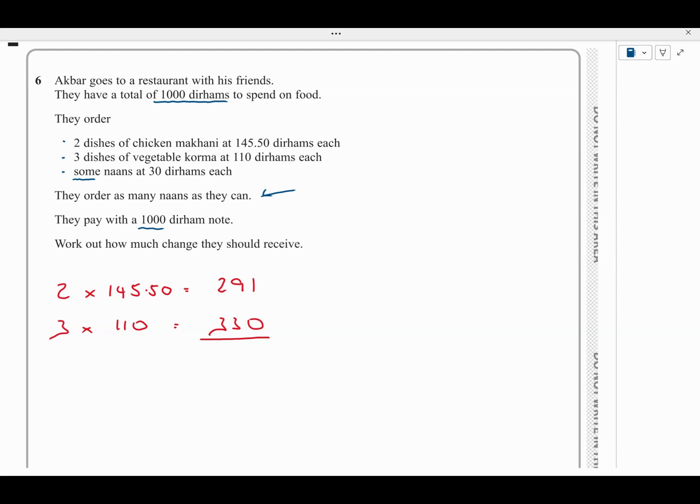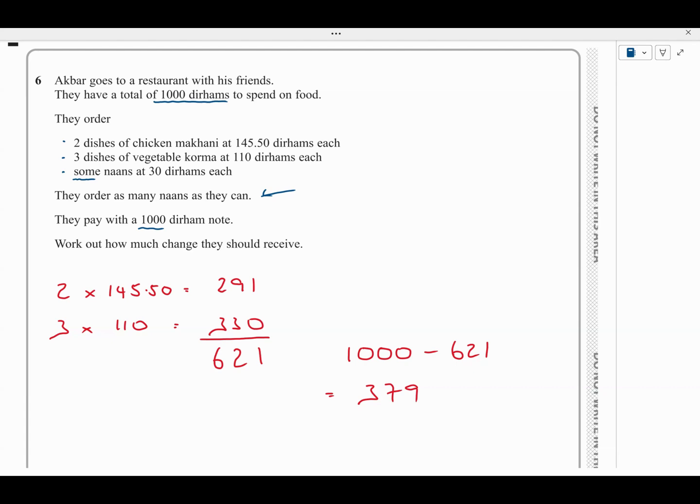So far, they've spent 621 dirham. So how many dirham do they have left to spend on their naans? Well, let's do 1,000 minus 621. So you've got 379 dirham left.